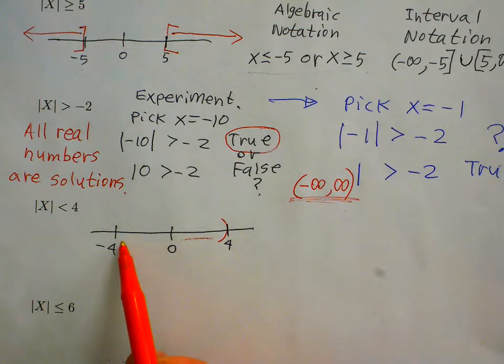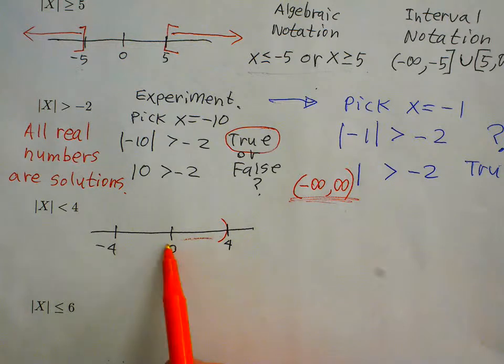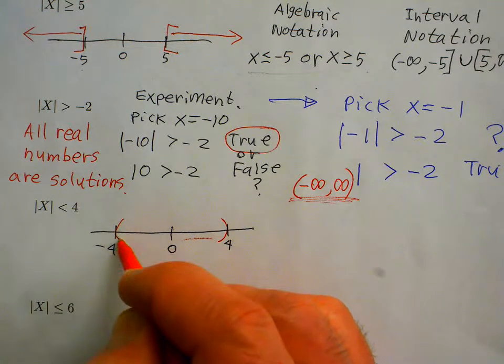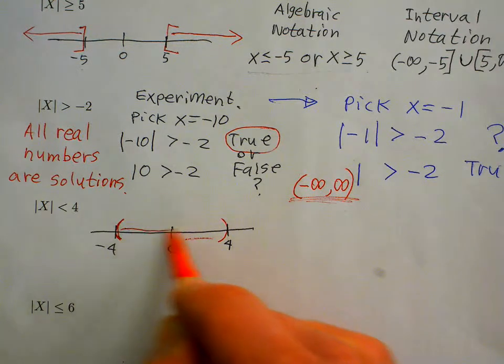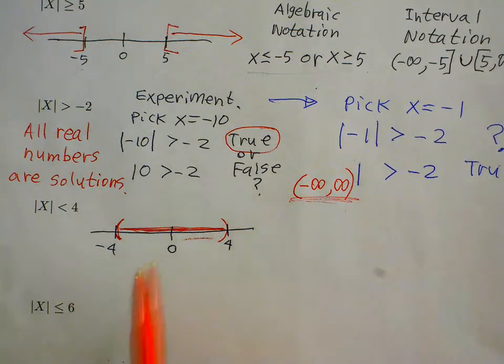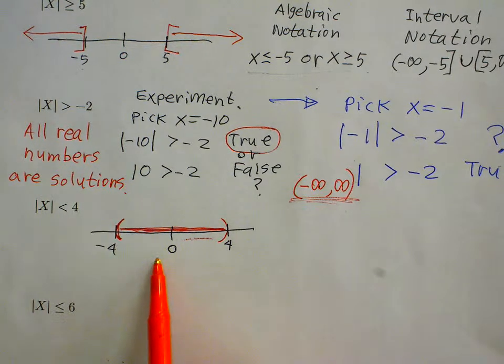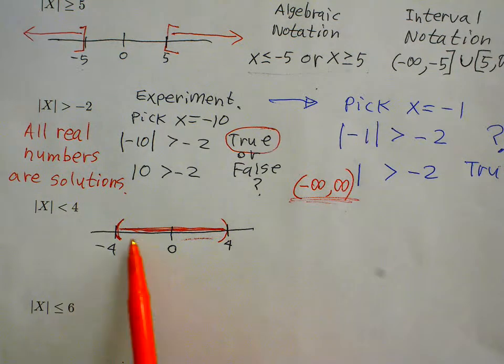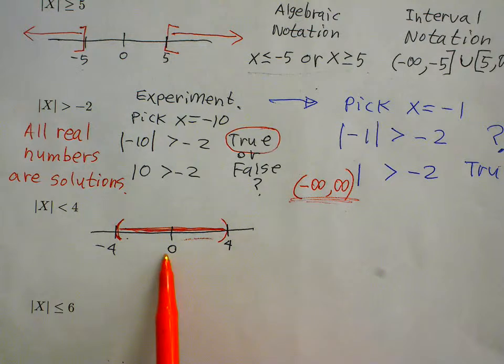The numbers that are between -4 and 0, those also have a distance from 0 less than 4. So this is the graph of the solution set. The distance from 0 for all of those numbers is less than 4.